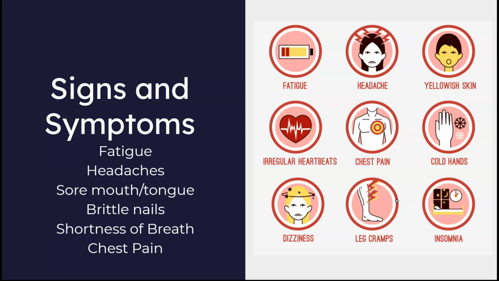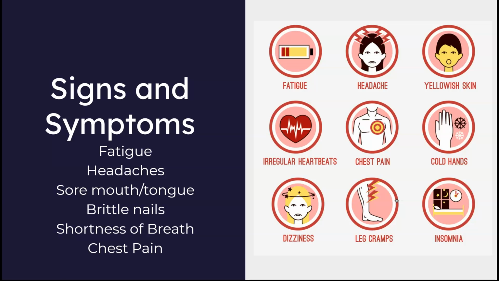What else we got? All right, so we talked about this a little bit, right? Fatigue, headaches, brittle nails, right, from poor circulation. Also, brittle hair could be a possibility, again, due to poor circulation. Sores in the mouth and tongue are very commonly seen. Chest pain and shortness of breath, I want to say, are probably more your traditional, up there with fatigue, right?